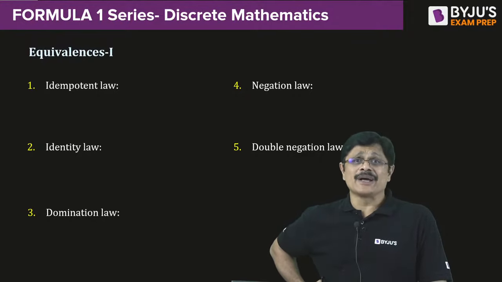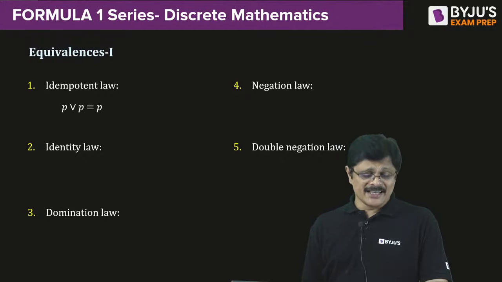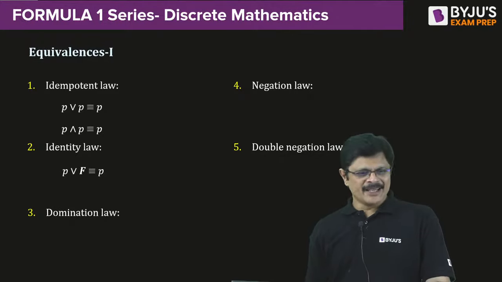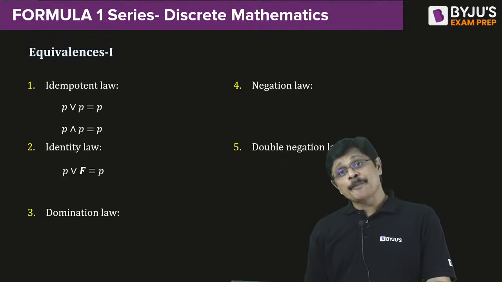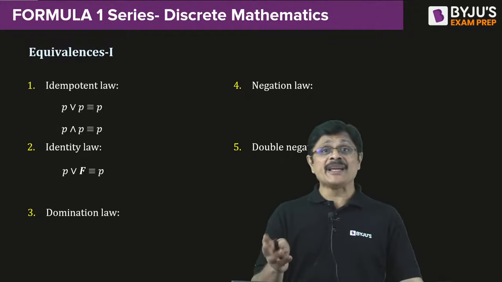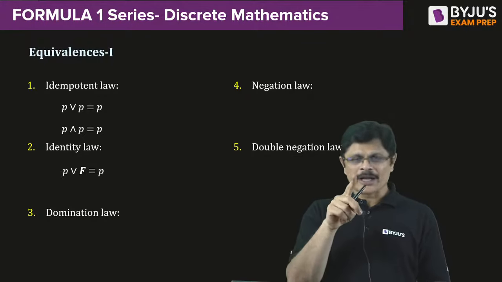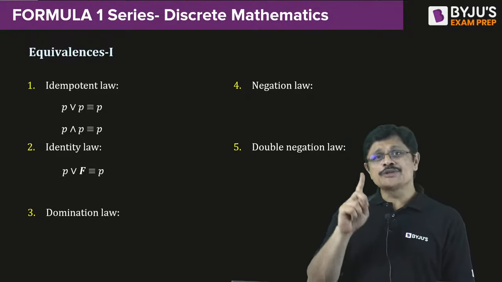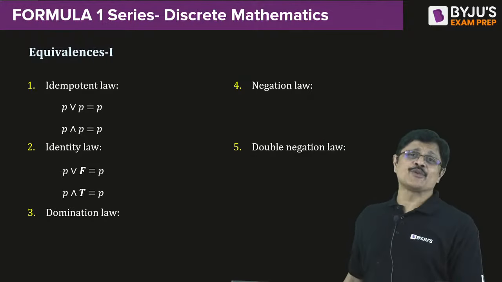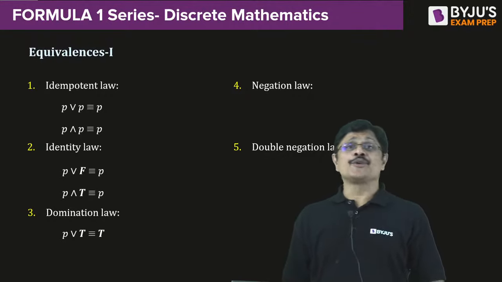Now there are some equivalences. Actually, you've seen the same equivalences, or we call them identities, under sets. The first one is the idempotent law: P or P is P, P and P is P. Identity: P or F is P. Identity means you should get back the same P. For the or connective, we have to use F to get back the same proposition, and P and T is equivalent to P. Domination: with respect to the or connective, tautology dominates.